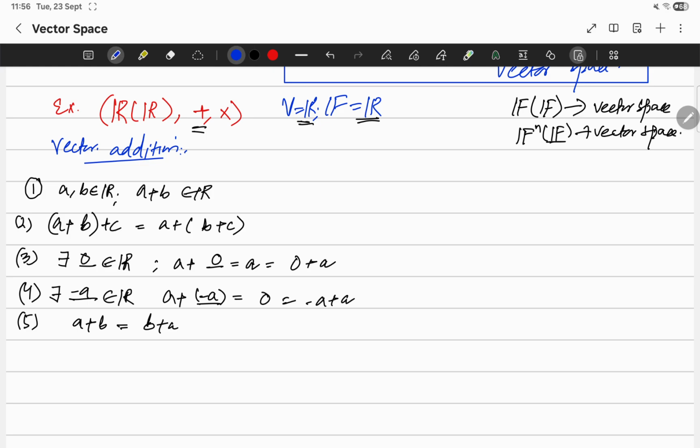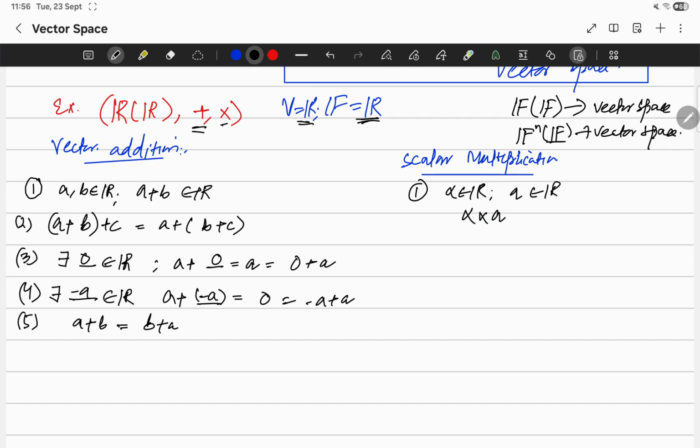Now we will go through the scalar multiplication. Take any element from F. Your F is R, so take any element from R and take any element from V. So A is any element, alpha is a real number, A is a real number.